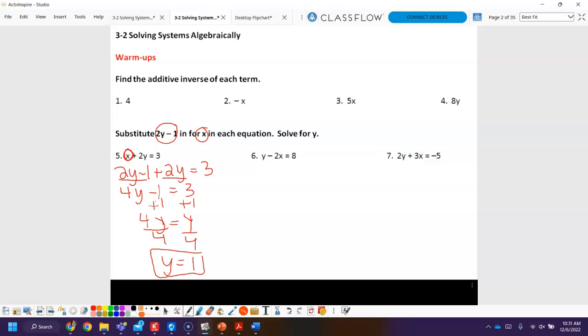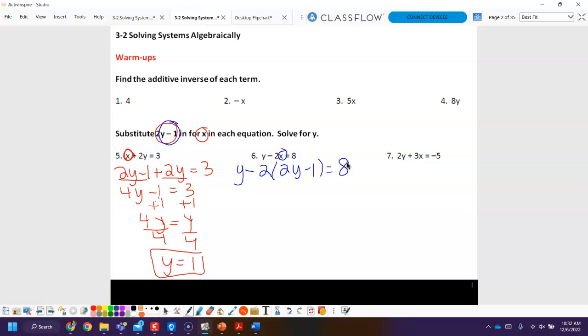Same thing in number 6. Everywhere you have an x, replace it with 2y minus 1. What happens in number 6 is you have to be a little bit more careful because there's a negative 2 being multiplied out. So you get y minus 2 times 2y minus 1 now instead of x equals 8.